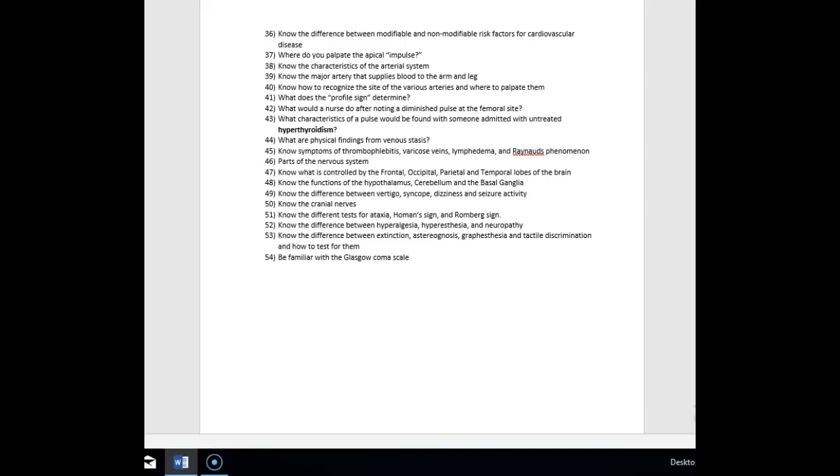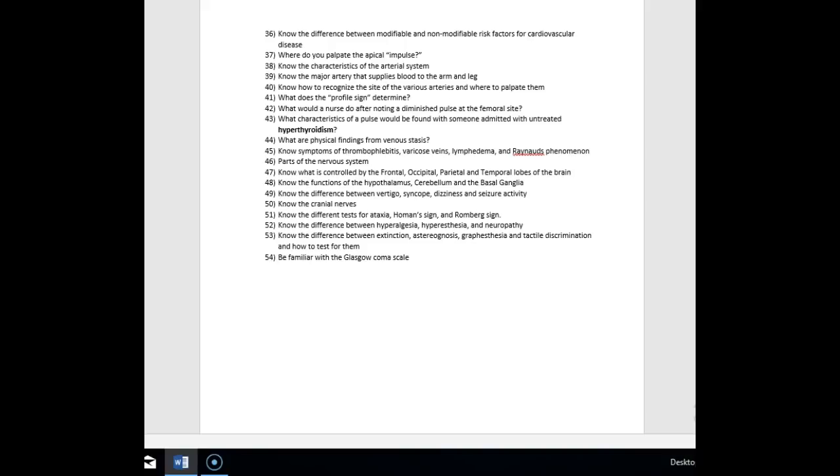Oh, let me see. Now, the function of the hypothalamus, cerebellum, and the basal ganglia. The hypothalamus handles body temperature, the sleep center, the anterior and posterior pituitary gland, and it controls the autonomic nervous system, activity, and emotions.